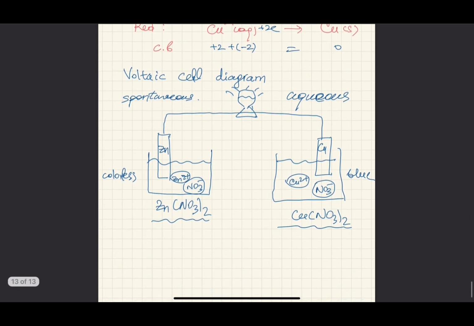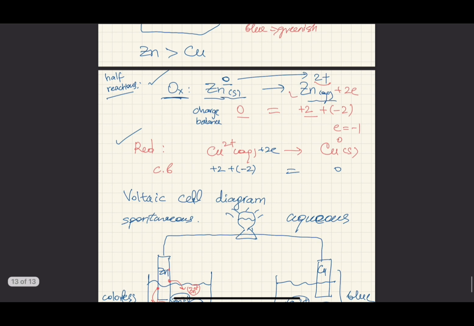So I know that some of the zinc is gonna dissolve into the water. I will have lots of zinc plus 2 in here. So it's gonna keep eroding. And then zinc is giving me zinc aqueous solution and electron as a product.